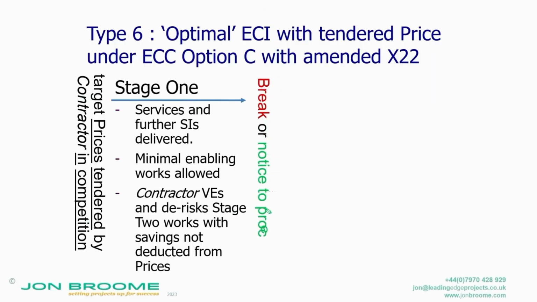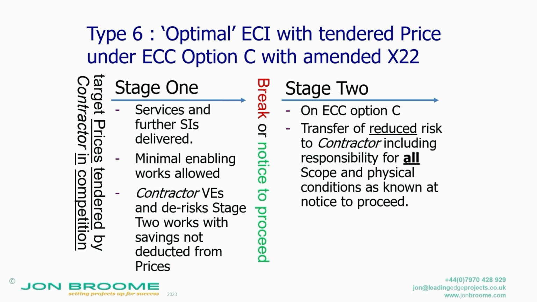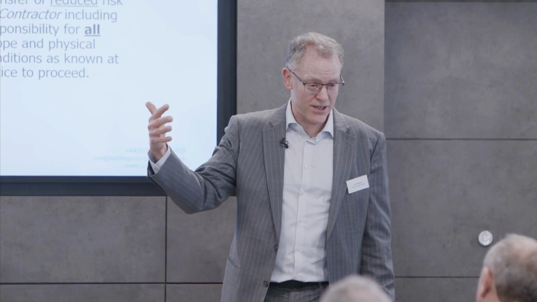And then you enter into a target cost contract, but there is the transfer of the reduced risk, because you've done a lot of work in stage 1. So on the Cross Tay Link, we did what they've done in the latest amendment, which is to judge physical conditions from the time of your submission of your prices for stage 2.